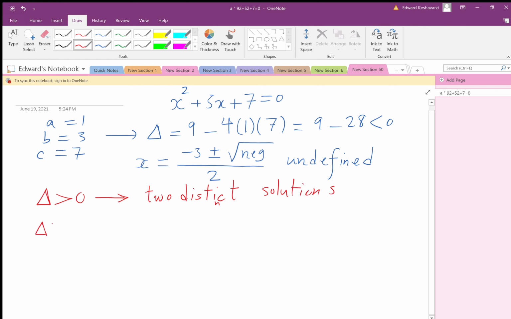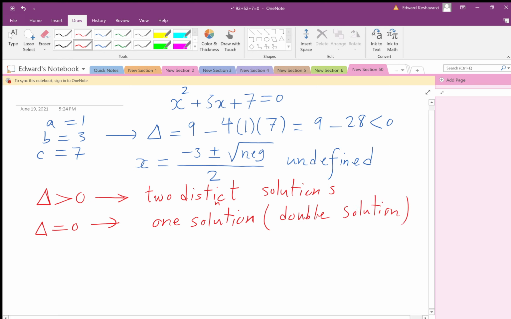If delta equals 0, there will be one solution only. Some books call this a double solution. And if delta is less than 0, there will be no solution.